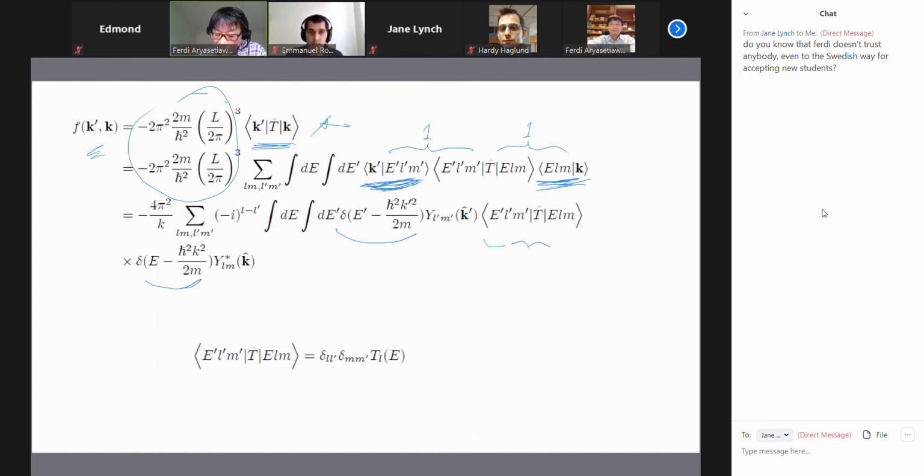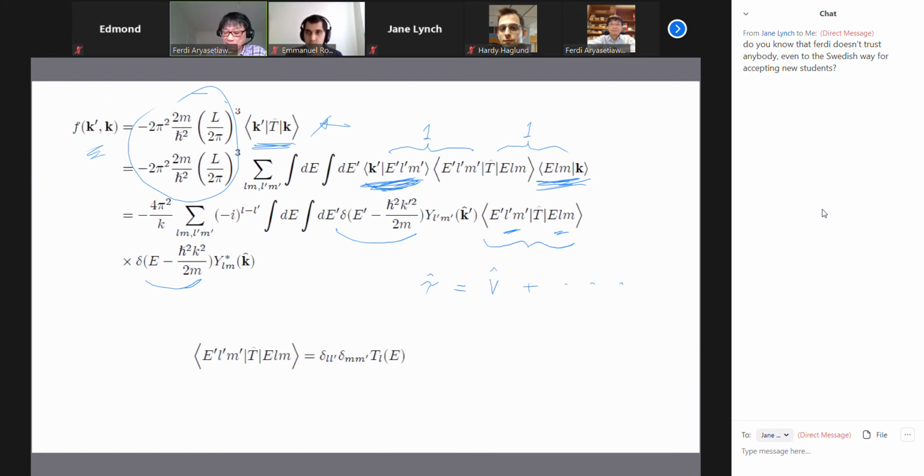But we also have these matrix elements of the T operator, or the T matrix, between two free particle states, E prime, L prime, M prime, and ELM. So these are angular momentum states. And T is just given as a series of V and so on.